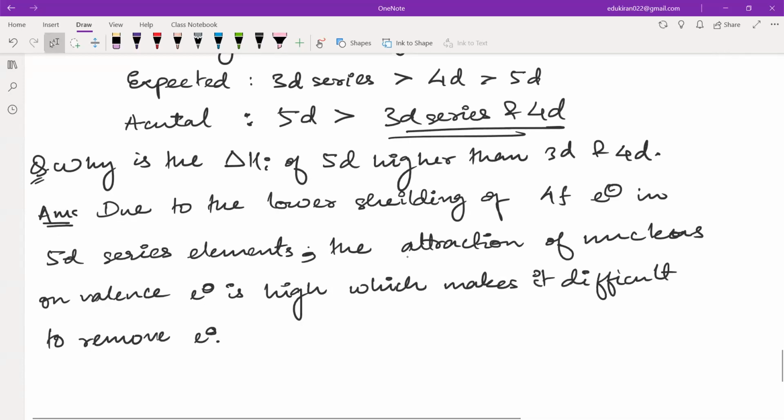Okay, that's it. That is why the 5d are higher than 3d and 4d.